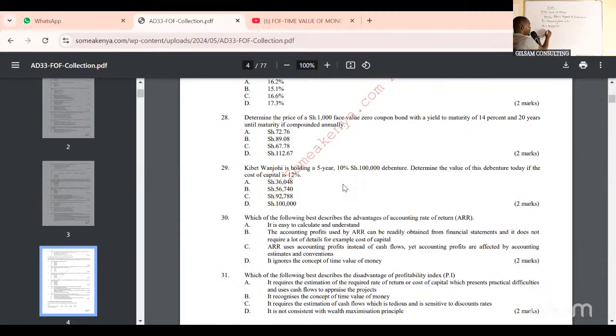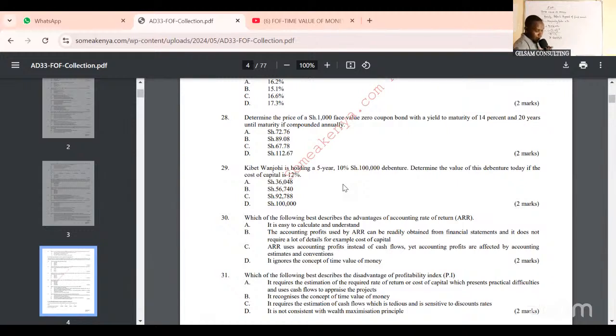Let's use the annuity first, which is 1 minus (1.12) raised to negative 5, divided by 0.12. So what do we get? 1.12 raised to negative 5, 1 minus the answer divided by 0.12, getting 3.6048.